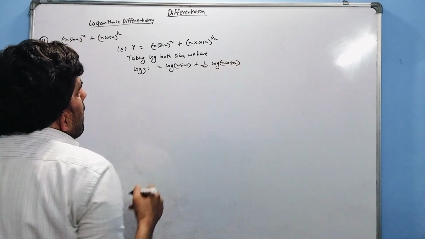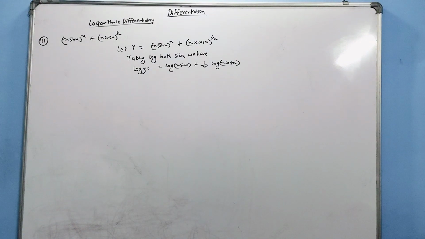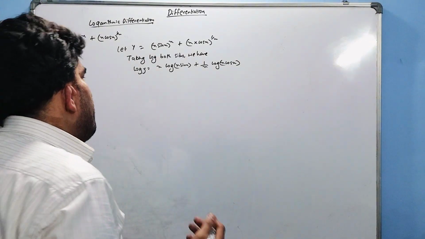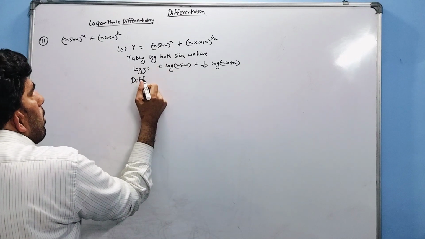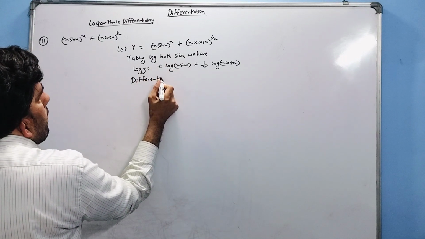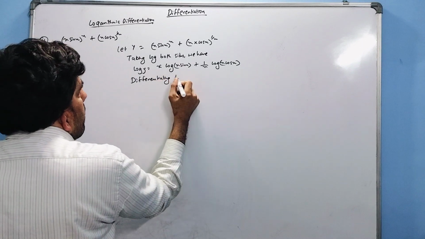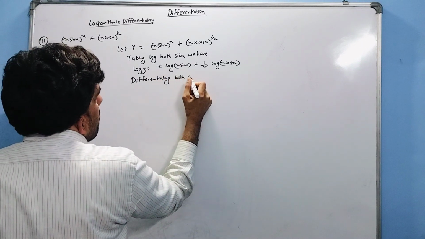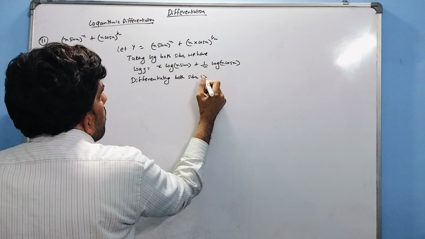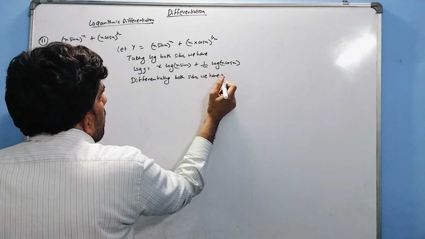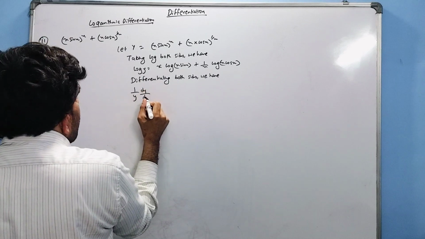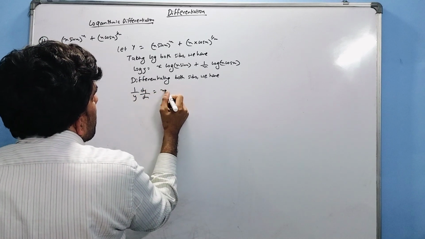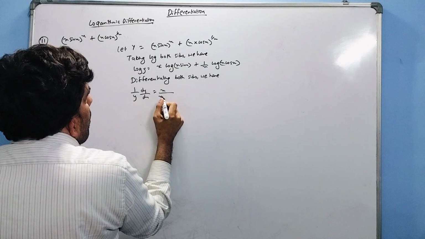Okay, so taking log both sides, now we'll try to differentiate it. Differentiating both sides, we have 1 upon y dy upon dx is equal to x into differentiation of log of x sin x.